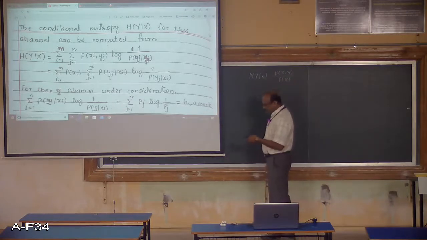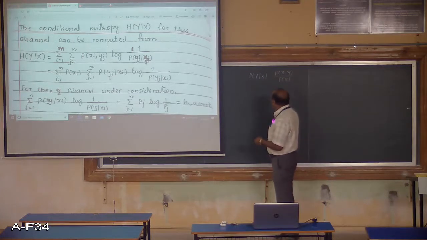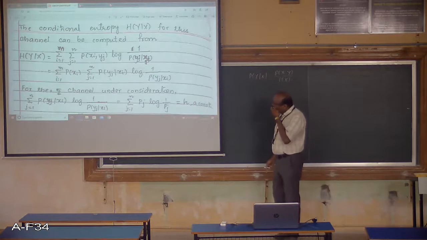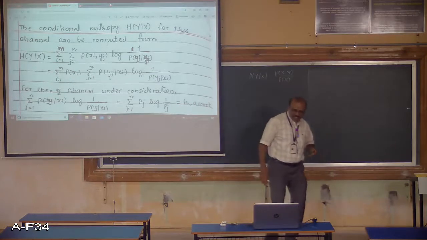So we have this joint probability here, which is nothing but the multiplication of conditional probability and input probability. So this input probability is taken out, and this is a joint probability for the given symmetric channel.